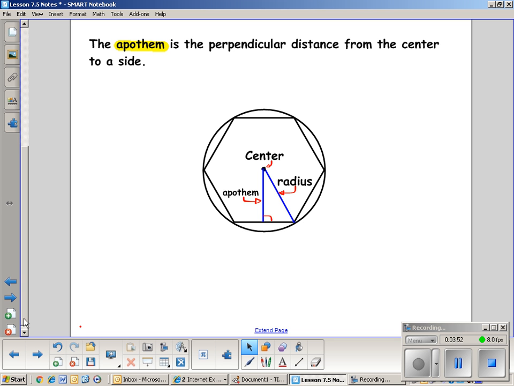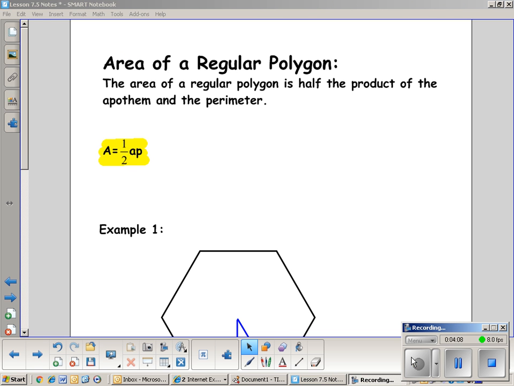So the circle is around it and passes through each of the vertices of this hexagon. Okay? I'll let you finish that and we'll move on to an example.